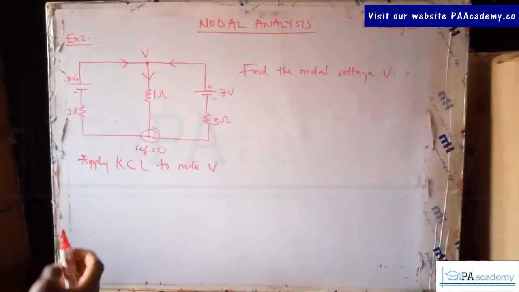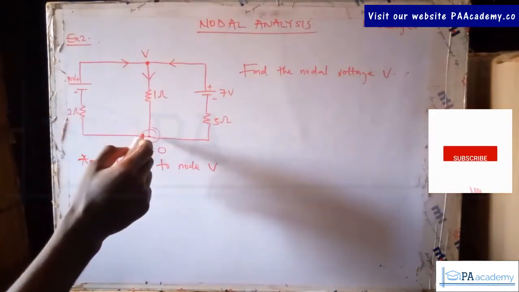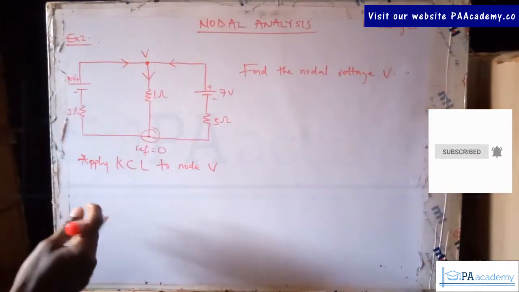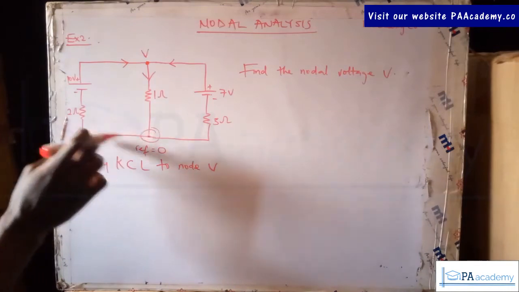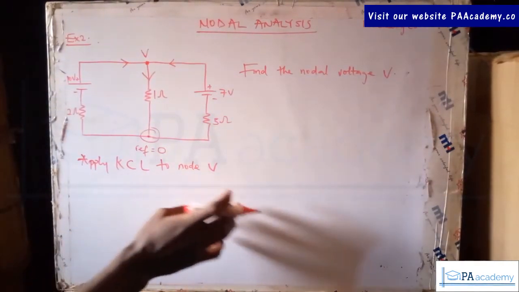Exactly. So this is what you do. Pay attention to this. Since we've taken the direction to be like this, that means the current is coming like this. So you calculate the current in this node, all the incoming current, you put it on one side equals the outgoing current.